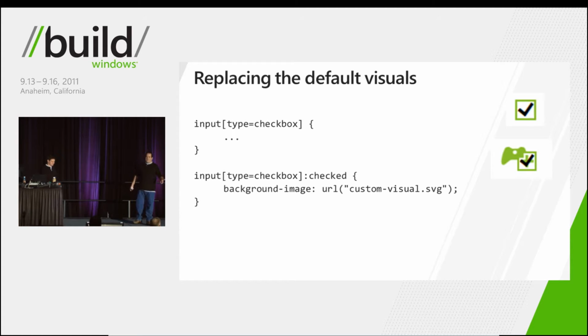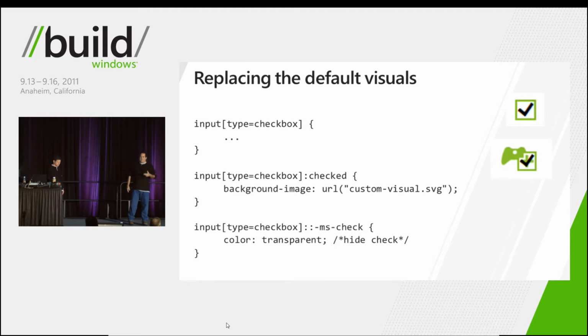Well, maybe not so much, because here I've got the checkbox, I've got my custom artwork, but the old style is still there. It's still interfering with the look I want to have. So I need to take one more step. What I want to do is target the old checkbox, which again I can do with a CSS pseudo element, and I want to set that to transparent.